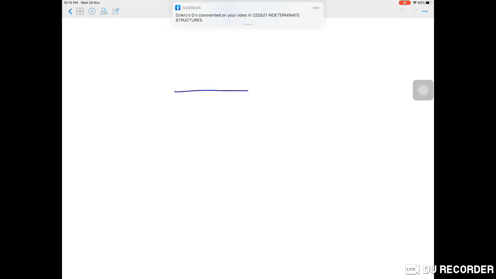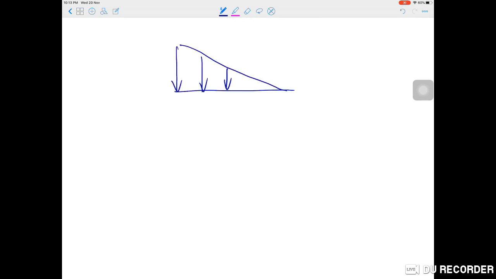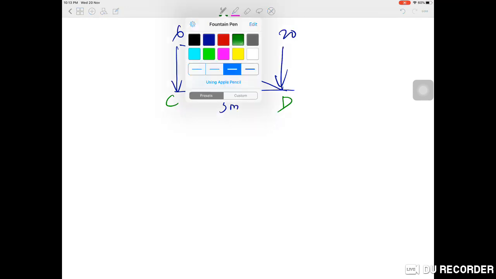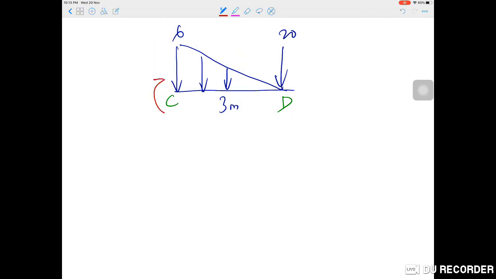It is like this: this is 20, this is 6, this is 3 meter. This is C and D. There is no moment at D, there is only moment at C.